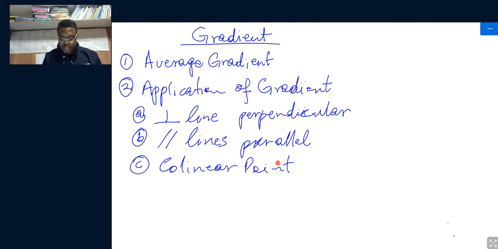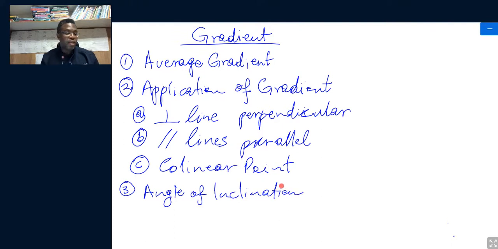The third thing that I'm going to teach you is angle of inclination. These are the things that we are going to discuss. I hope you can see and follow them. So these are the 5 things: average gradient, parallel lines, perpendicular lines, collinear points, and angle of inclination.